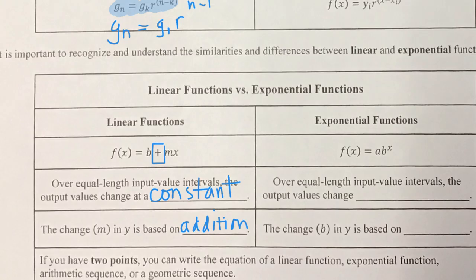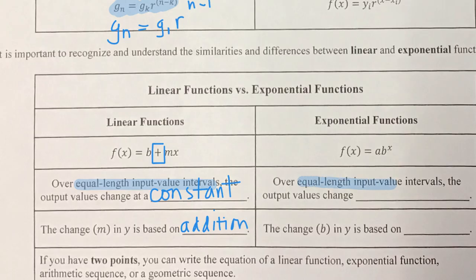So subtraction is really an addition problem also. So we have a constant rate of change for equal length input value intervals. Okay, so this is what we're going to look for first, is our equal length input value intervals. Is x changing constantly? Then what's happening with the y change? That's what we're looking for.